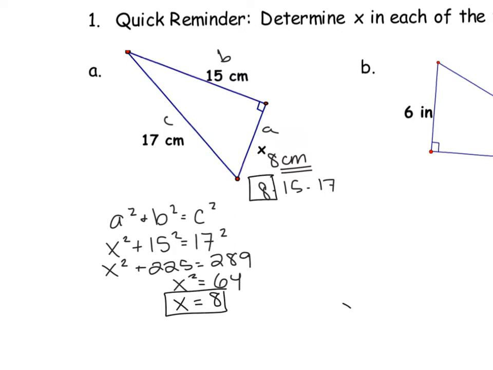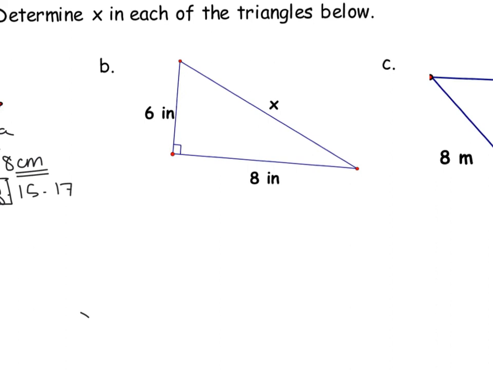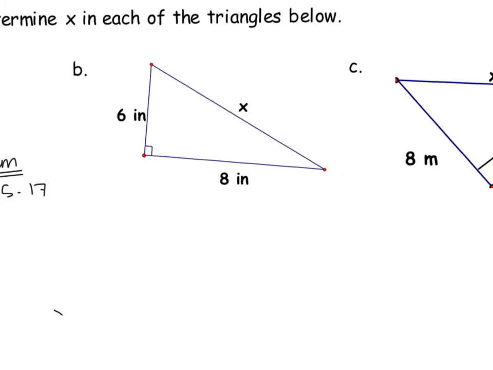Our next example, B, is also a triple. It's actually a double of the 3, 4, 5 triangle. So you might remember 3, 4, 5. You can scale that up by a factor of 2 and get 6, 8, 10, and our hypotenuse here would be 10 inches.